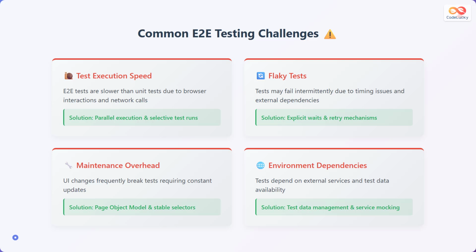Maintenance overhead occurs because user interface changes frequently break tests, requiring constant updates. Using page object model and stable selectors helps reduce this burden. Environment dependencies mean tests rely on external services and specific test data, which can be managed through proper test data strategies and service mocking.